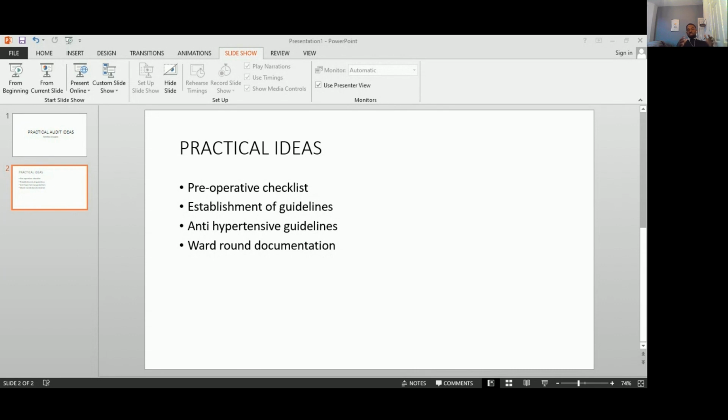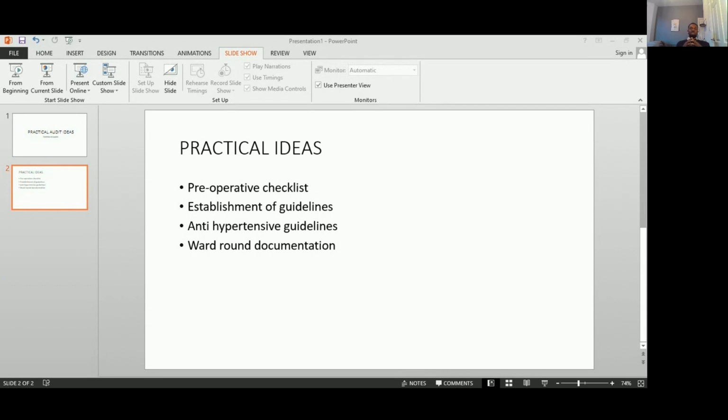So the methodology of this particular project will be a bit different from the regular methodology. What you do is that you meet all the senior members of your team, all the senior registrars, depending on your level. If you're a medical student, you meet the house officers, the junior registrars, the senior registrars, the consultants in the unit, and you ask them what they think should be in a preoperative checklist.